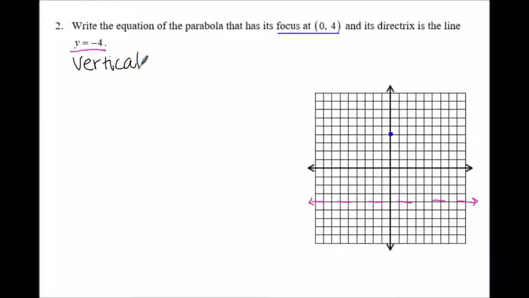We also know that the vertex is halfway between the focus and the directrix, so that puts our vertex at (0, 0). We know that p is the distance from the vertex to the focus, so that will be 4.